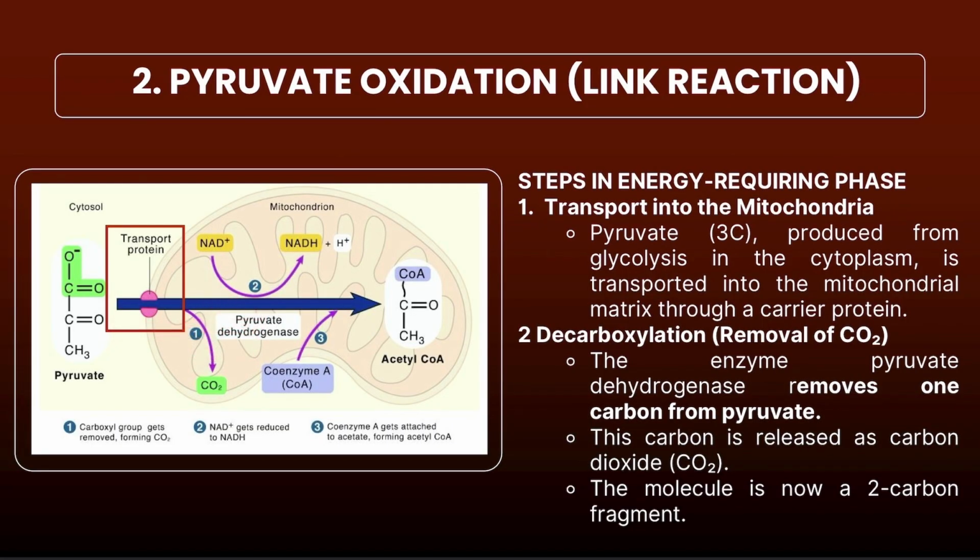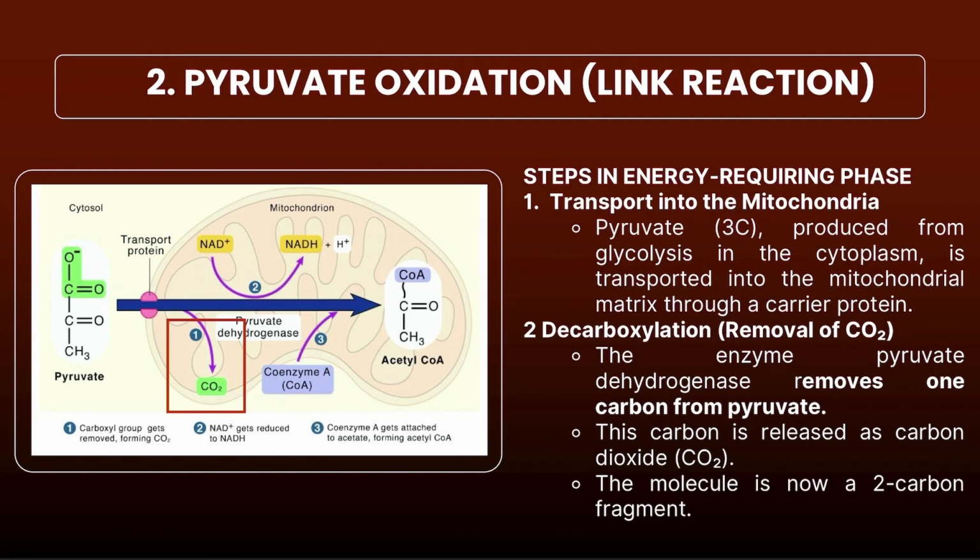In order to be transported, a carrier protein or transport protein in the mitochondrial membrane will help the pyruvate move from the cytosol into the matrix. Once inside, the pyruvate is ready for the next chemical changes.